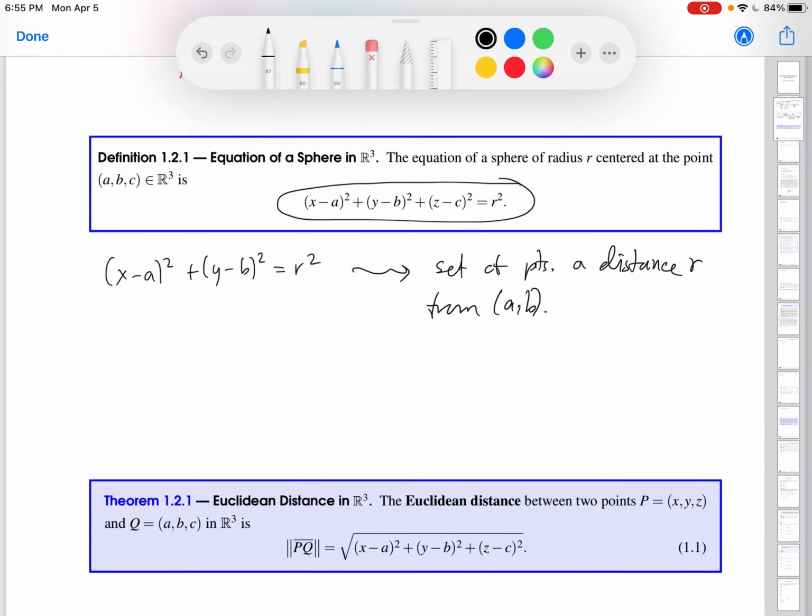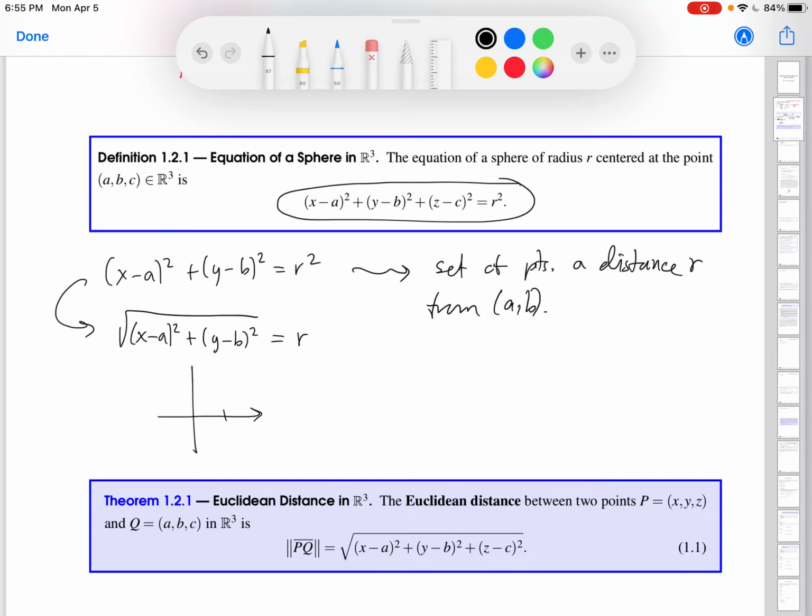So one way we could think about this and connect it to something you might already know is the Pythagorean distance. If we take the square root of both sides, remembering that r is a radius, so it's not a negative quantity, then really this is a different view on what the equation of a circle is telling us.